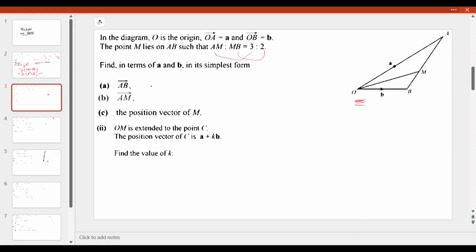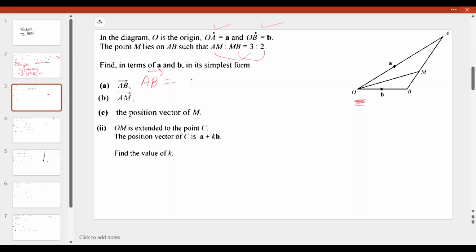Here we are also given that OA is equal to a and OB is equal to b, and we know that we can write the position vector AB in the form OB minus OA.